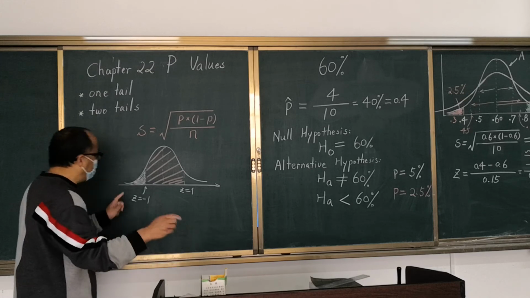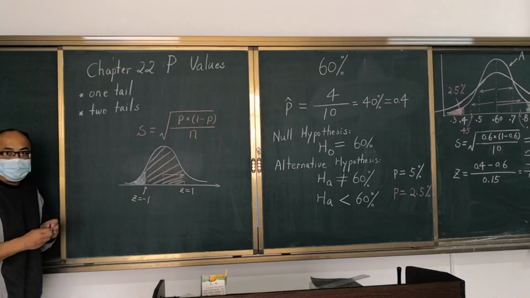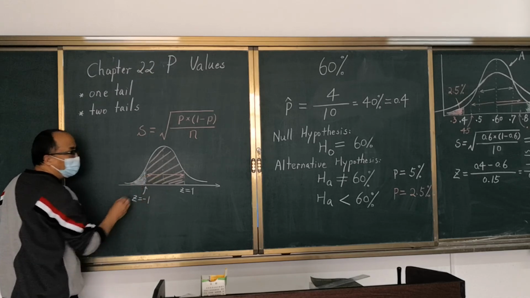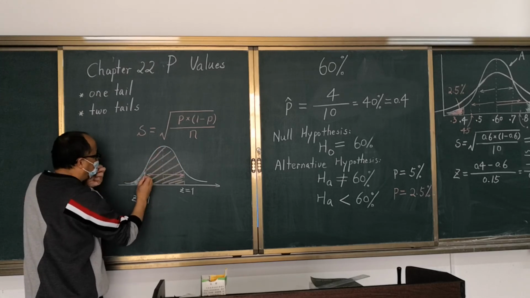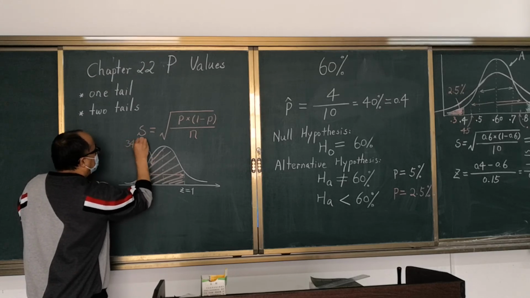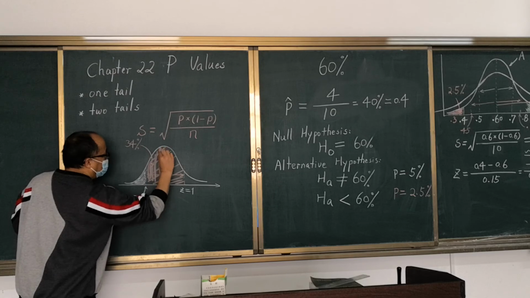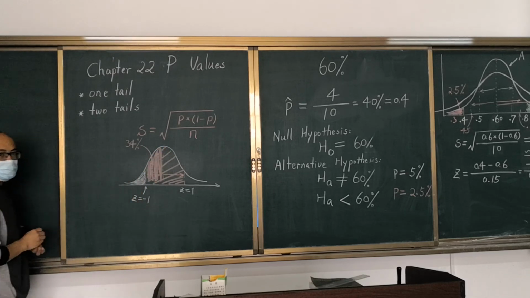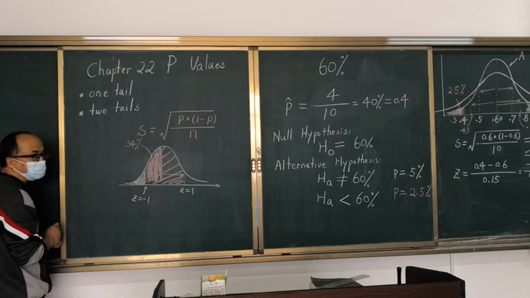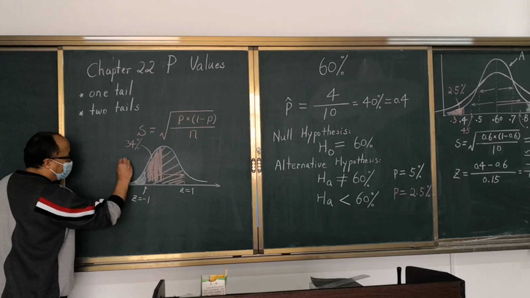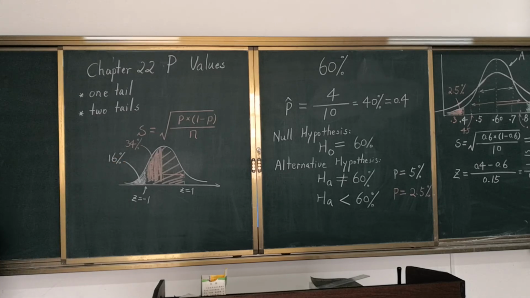When it is plus or minus 1 unit of standard deviation, this is 68%. Half is 34%. This part plus this part, solid red plus solid white, is 50%. So this is 16%.